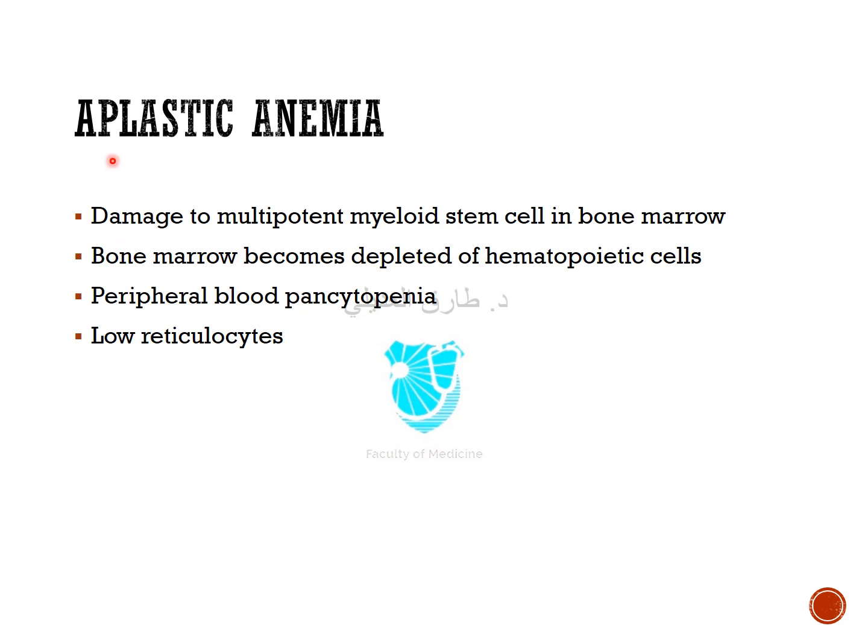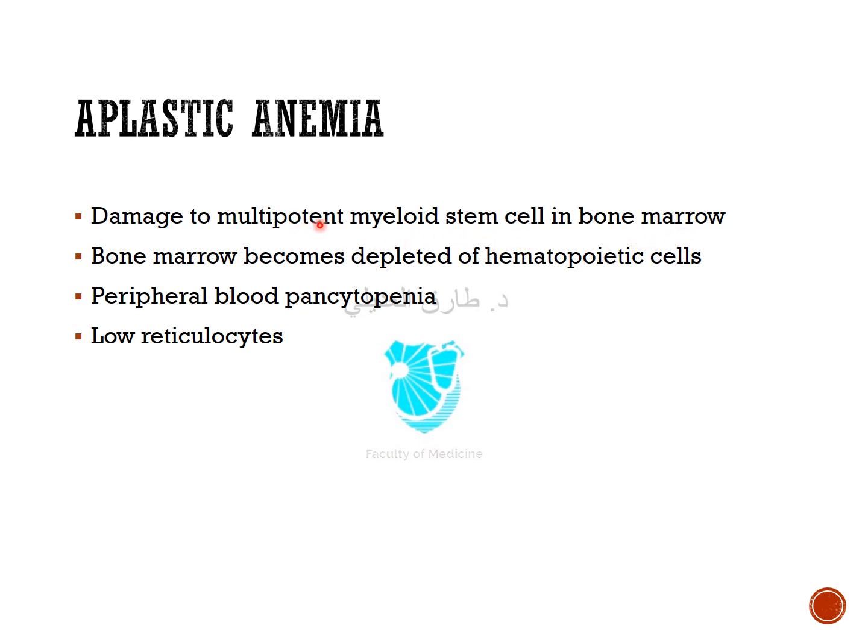Aplasia means non-production. A, when it comes before the word, means the contrary, stop or none. So although it is called aplastic anemia, the entire bone marrow cells are absent. It is caused by damage to the multipotent myeloid stem cell in the bone marrow.